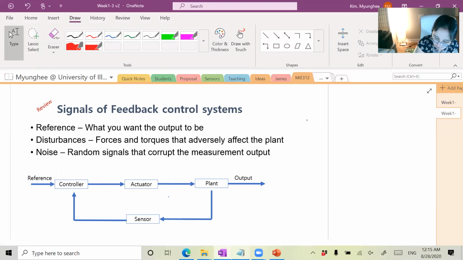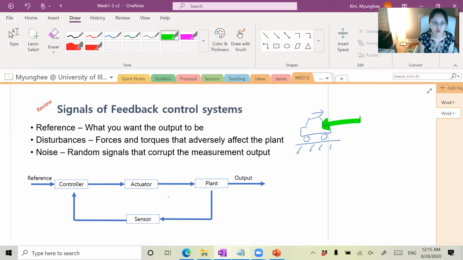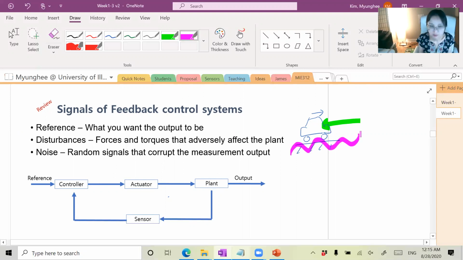So for example, if there's a car moving in this direction, the wind can be a disturbance to this car because it influences car dynamics, or the road condition can be a disturbance of this system.